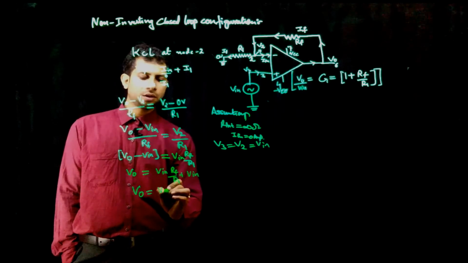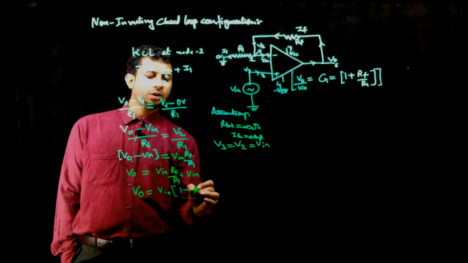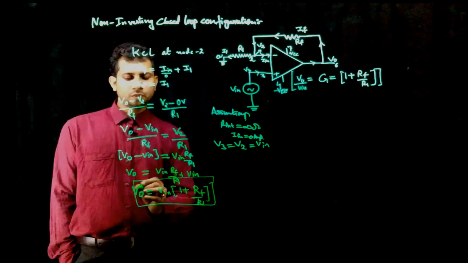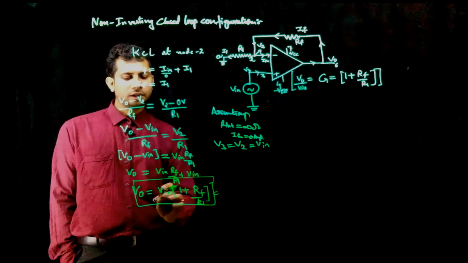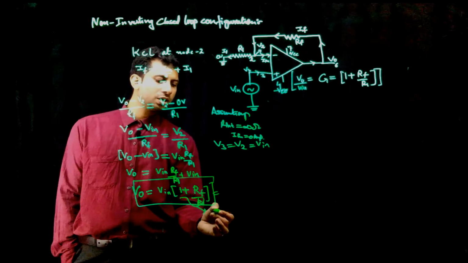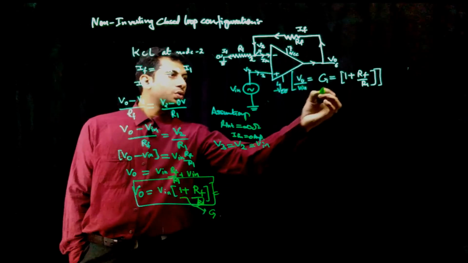V0 divided by Vin, we take Vin as common and we are left with 1 plus Rf upon R1. We have derived this equation, and this 1 plus Rf upon R1 is known as G, which is closed loop gain.